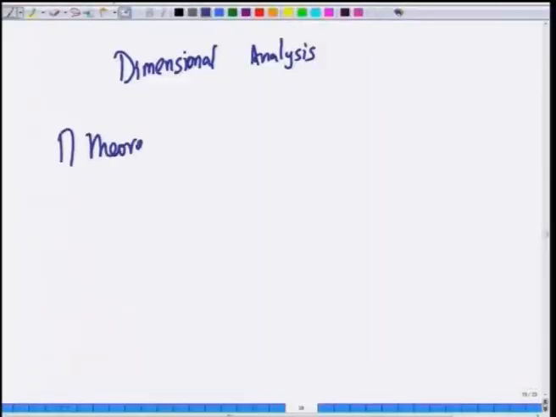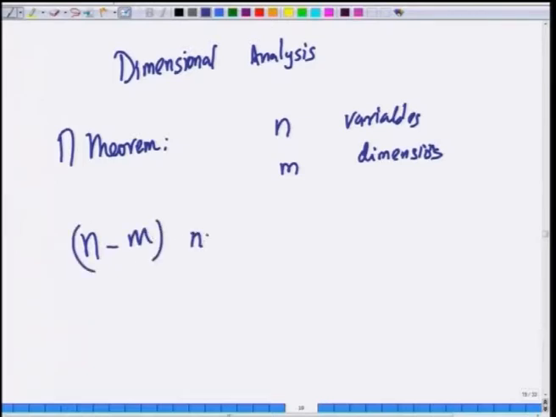Essentially, we did Buckingham's pi theorem, which says that if there are n dimensional physical variables and m fundamental dimensions, then there are n minus m non-dimensional groups. Suppose you have 5 variables and 3 fundamental dimensions, mass, length and time, then essentially you have only 2 non-dimensional groups, and this was the example we gave for the drag coefficient.